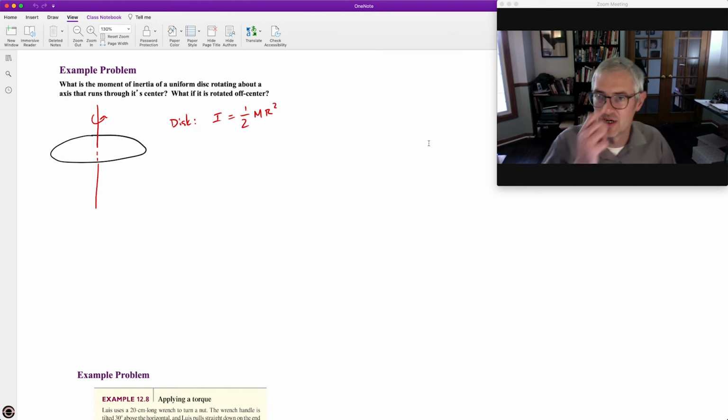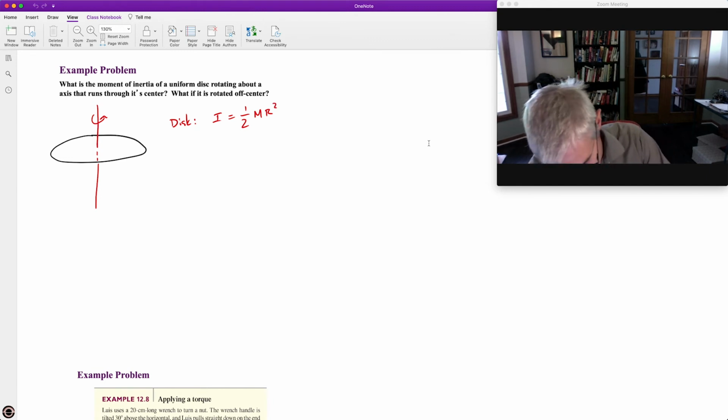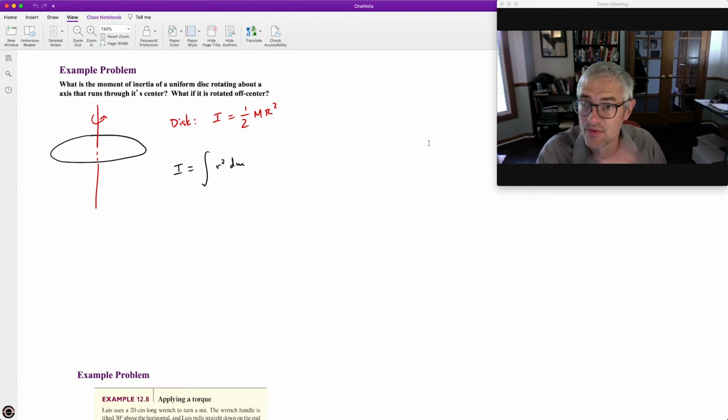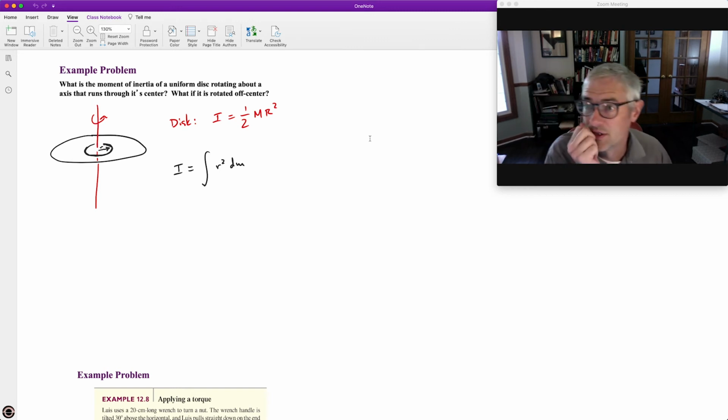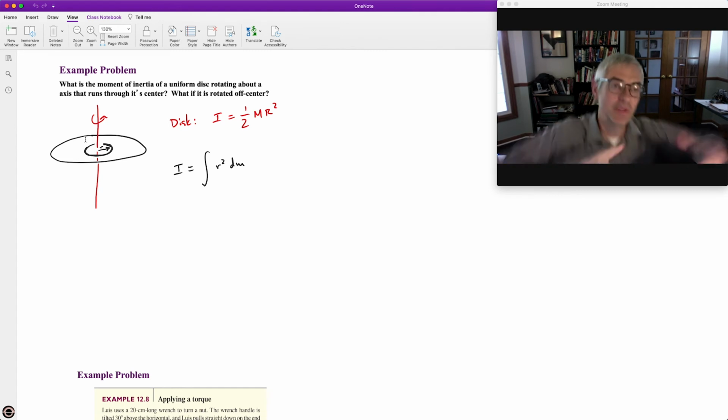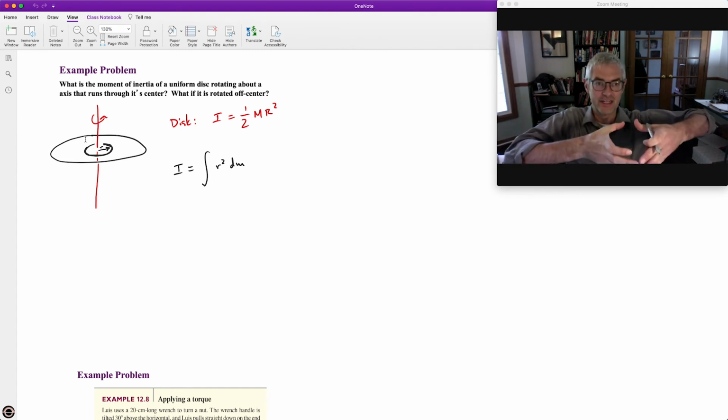All right, great. Well, but let's try to do it. We'll spend a little bit of time with the calculation. I is equal to the integral of r squared times dm. What you want to do is think about this little bitty slab in here where you integrate out to that point, little r. So you've got this big disk, and you're going to look at a little ring right here. How big is it?